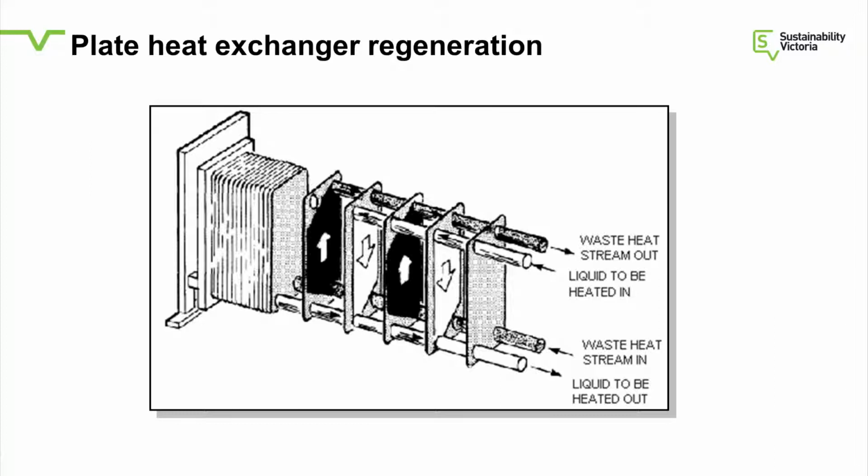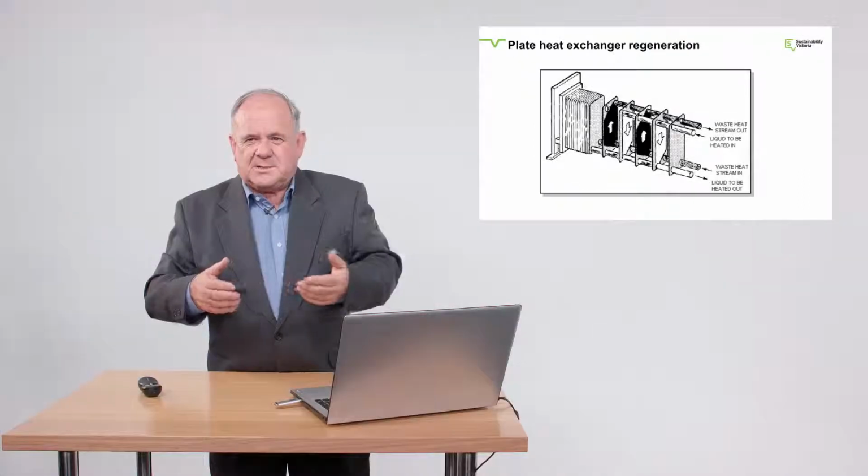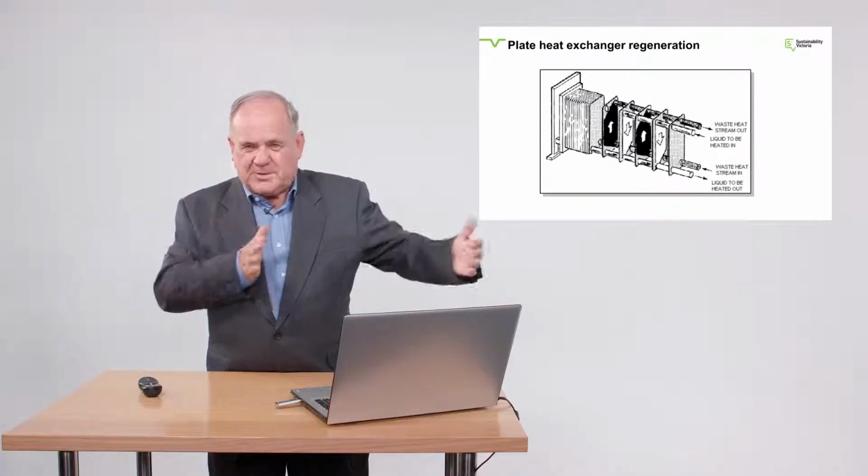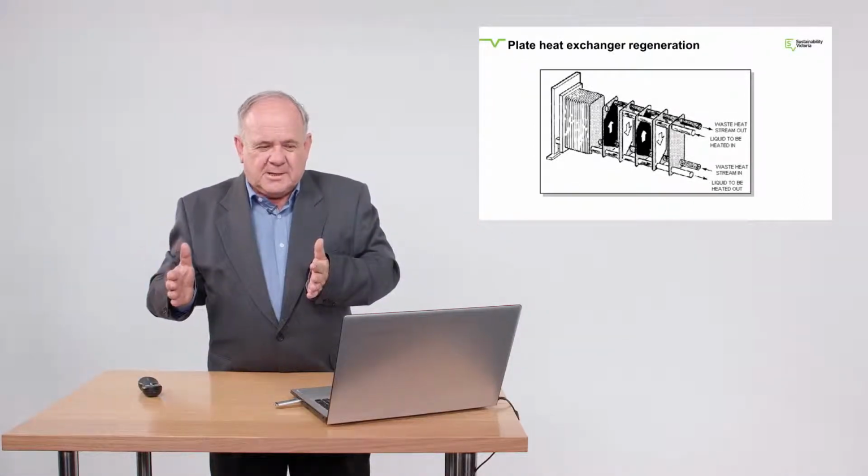So what they have is a series of heat exchangers on one rack where they have a preheat section. They configure it so that you're using the waste heat for preheating and the waste cool for pre-cooling, just on one rack. So you have three sections of heat exchange.